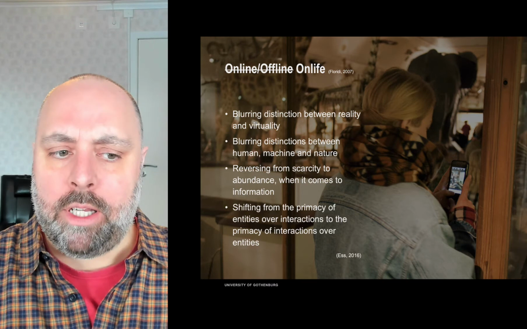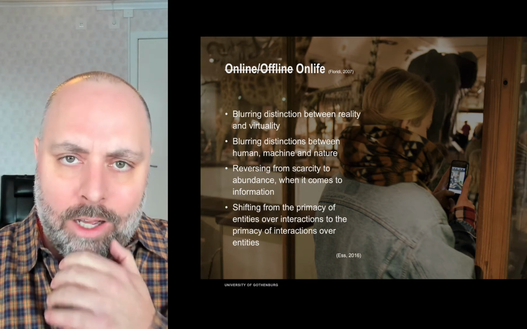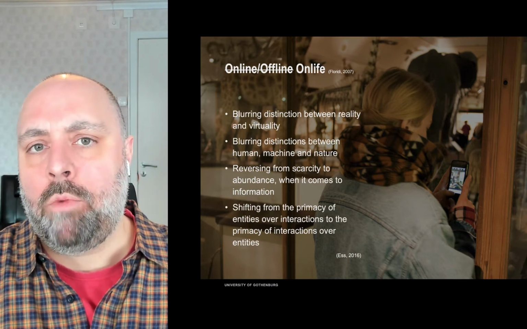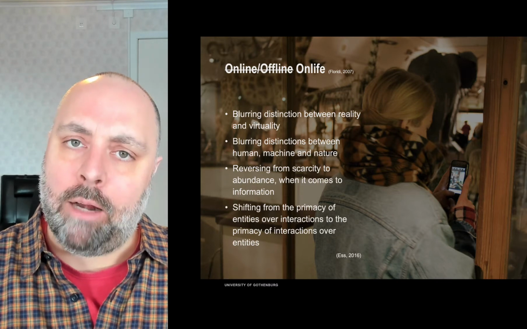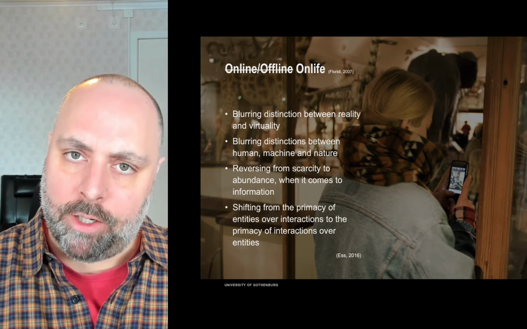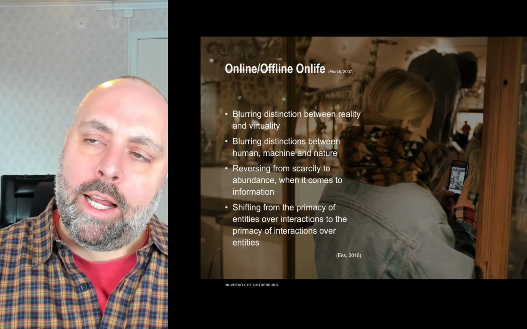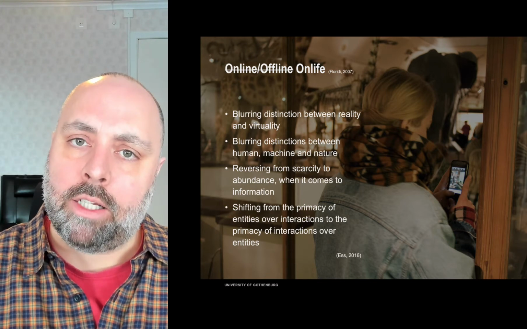Shifting from the primacy of entities over interactions to the primacy of interactions over entities goes hand in hand with this. Much of what we do in the world is converted into data and information, and much of what we do in terms of producing data is formed through our interactions. And in that sense, our interactions become prime rather than ourselves as entities.